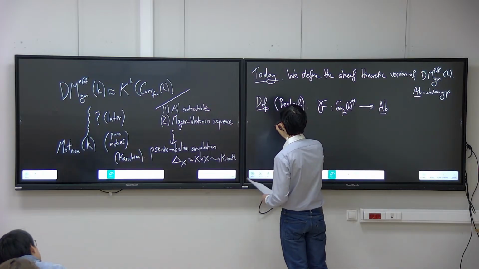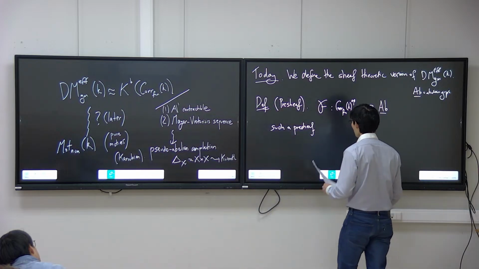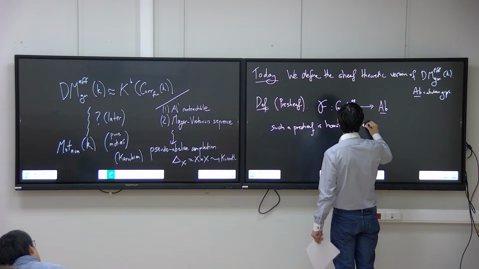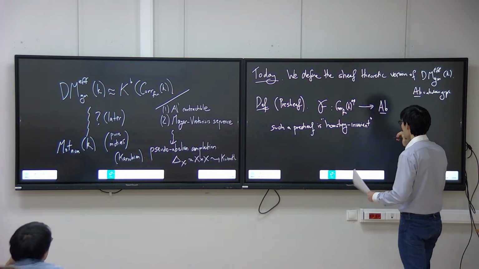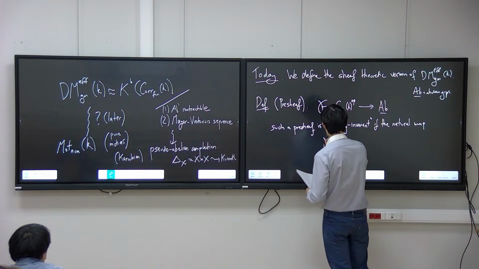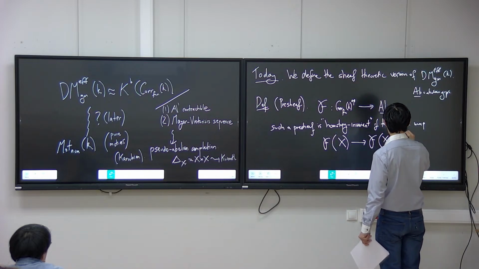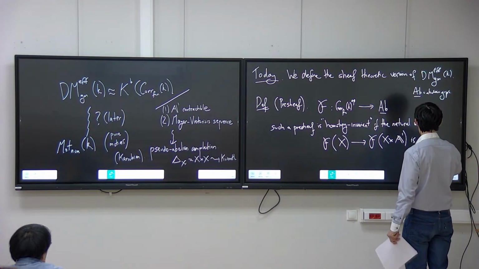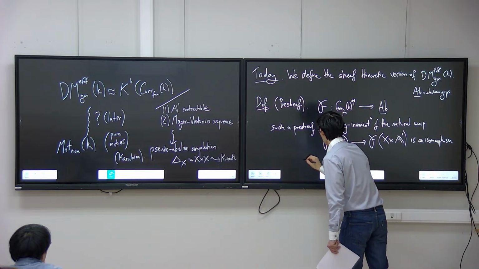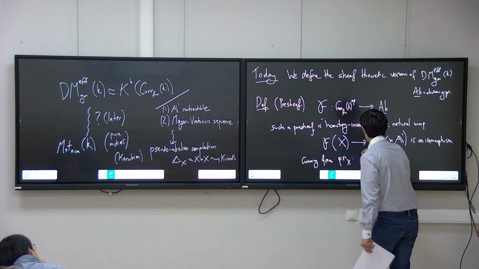We call such a presheaf, in Voevodsky's terminology, homotopy invariant, again thinking of A1 as being like the interval [0,1], hence the choice of language, if the natural map from F(X) to F(X × A1) is an isomorphism, where this map comes from the projection map.